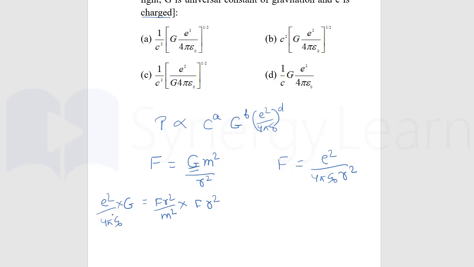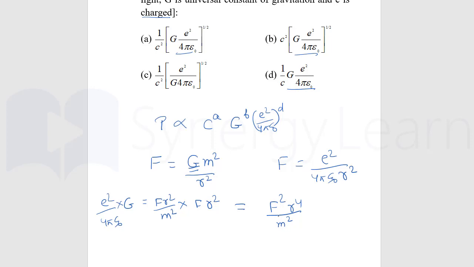Why have we chosen the product? Because in three options we have the same form. So most likely any of the three forms could be the answer. But if this form does not satisfy, then obviously the other, which has G in the denominator, will satisfy. So here we have F square R^4 upon M square. So force has dimension of mass, force is squared, so the mass gets cancelled here.